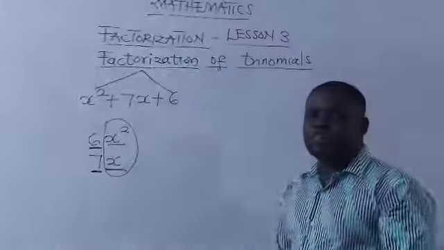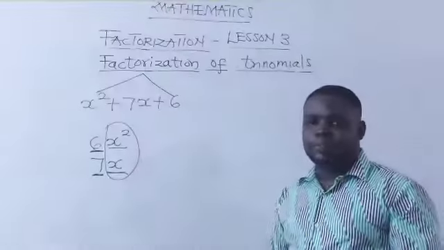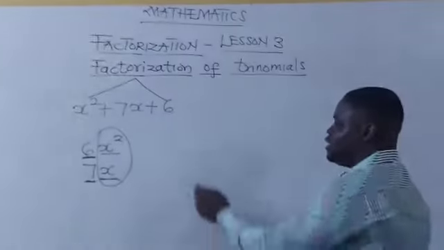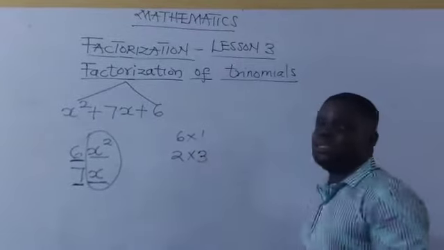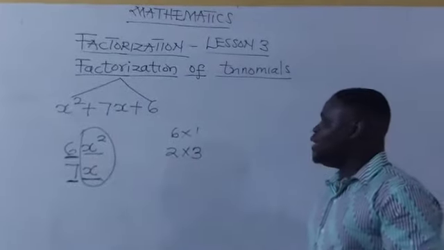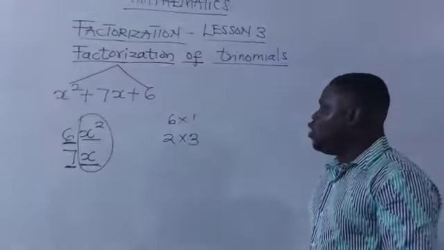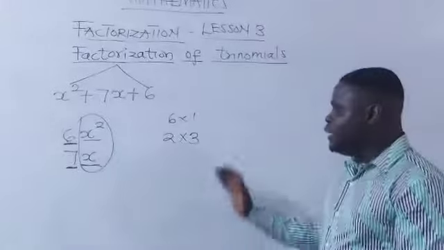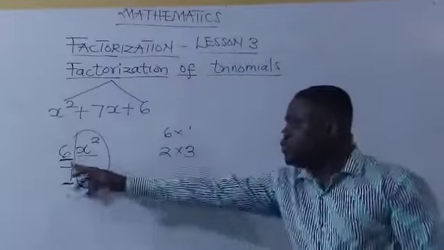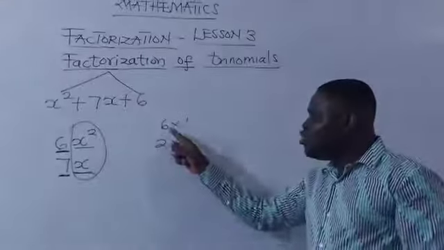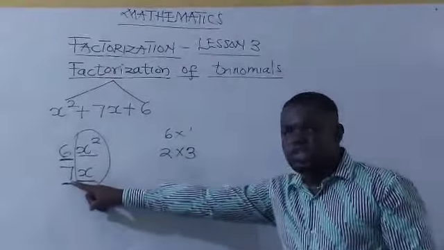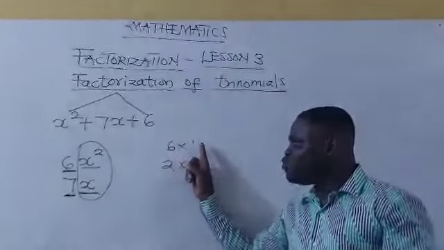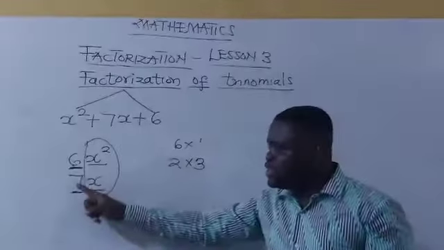So now you look out for all two numbers that you multiply to produce 6. You can have 6 times 1, you can have 2 times 3. And these are the positive natural numbers whose product should produce 6. Now you think of summing them up, 2 plus 3 produces 5, which is not 7. 6 plus 1 is producing 7.